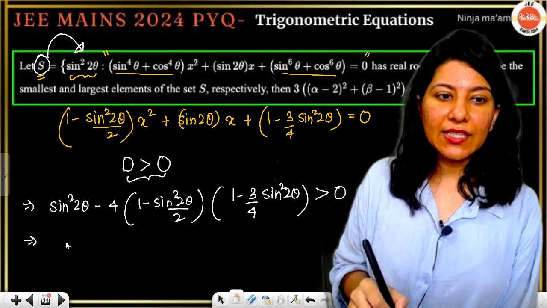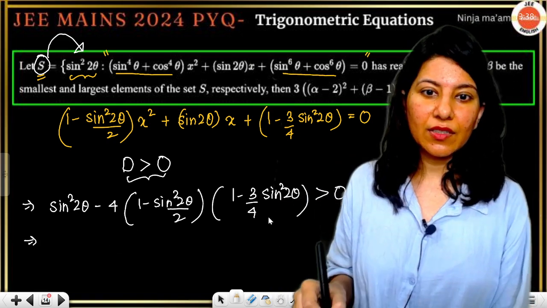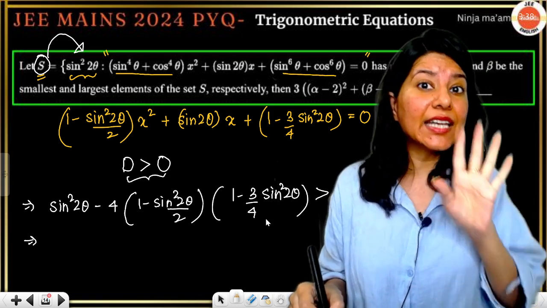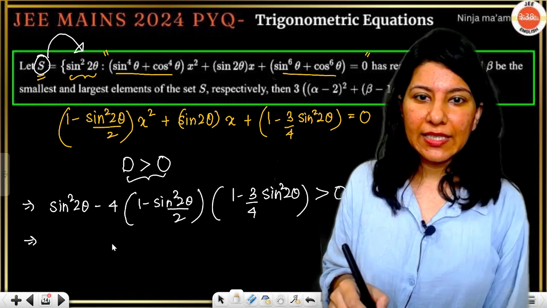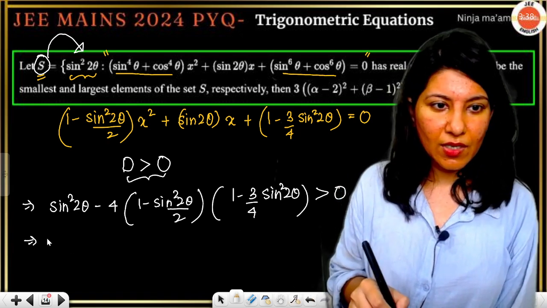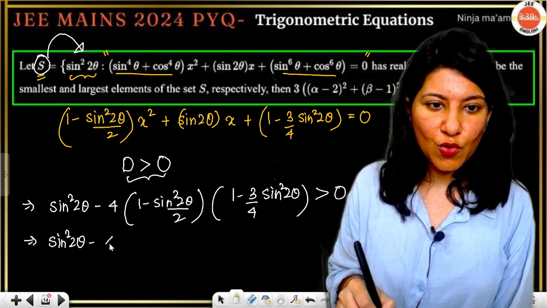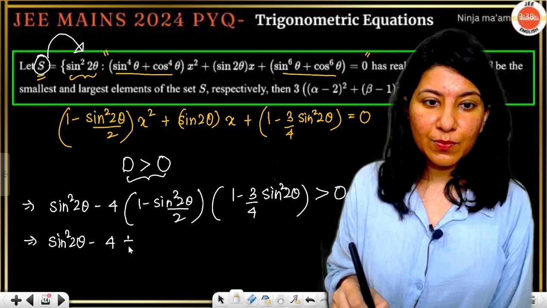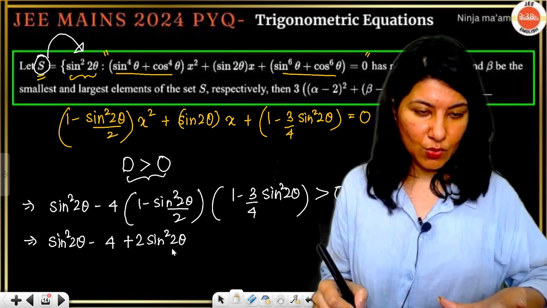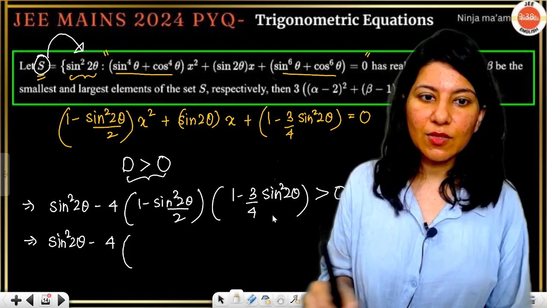Sine square 2 theta greater than 0. Now this is actually going to become a quadratic in sine raised to power 4 2 theta, right or wrong? Let's simplify it. Sine square 2 theta minus 4, let it be outside, and let's multiply these two brackets.